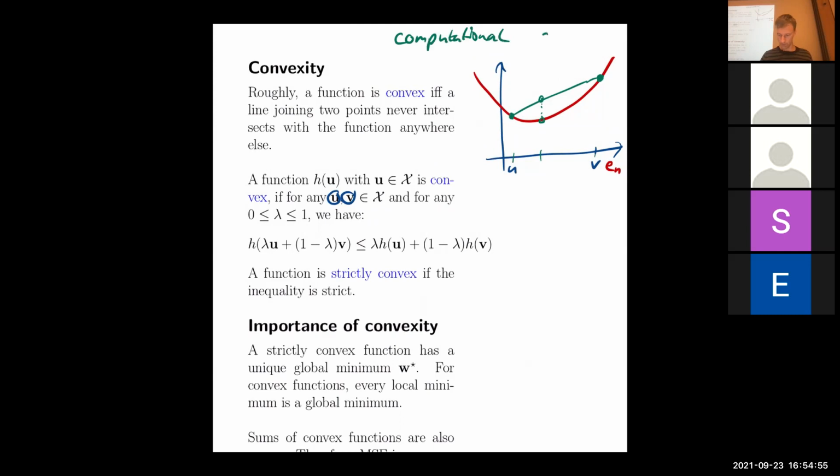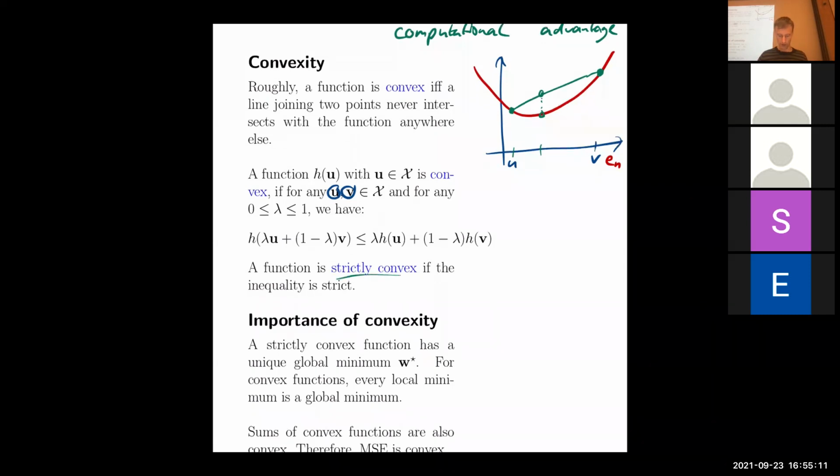So the computational aspect: even if statistical properties are not perfect, maybe this one will make it easier for us to quickly find the best W. So that is a nice property, and this is just a recap. Basically, if you have the same thing with a strict inequality, then that is called strictly convex as a property for functions. And you probably also have seen the same property for sets, which we'll also mention briefly next time.